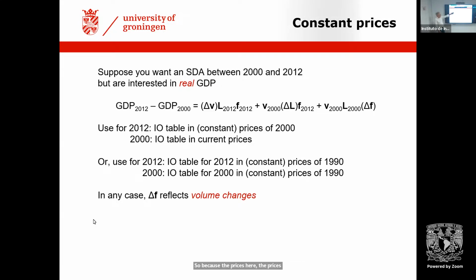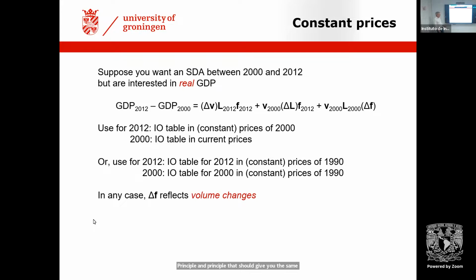So what you measure in between F 2012 minus F 2000 is a volume change. And here also, it's a volume change because the prices do not change. And the base year is irrelevant. If you want to, you can take a base year of 1925. In principle, that should give you the same.